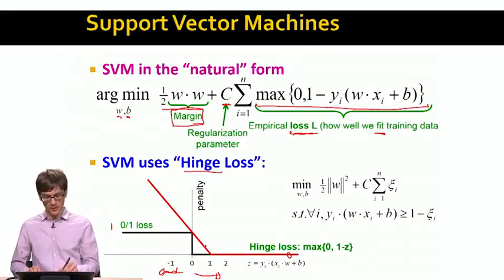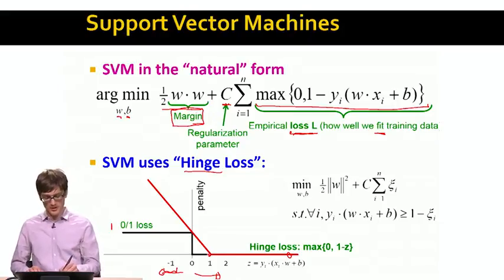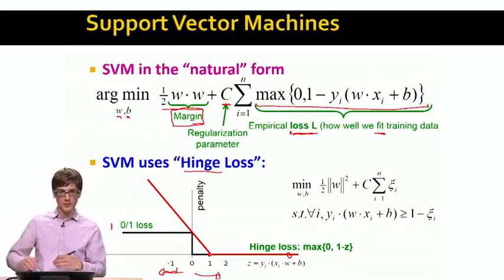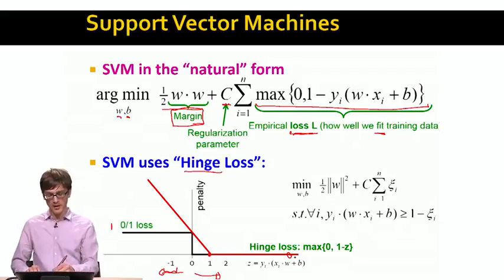The reason we call it a hinge loss is because there is this hinge at 1, which basically means if we are classifying the point correctly and the point is away from the decision boundary by at least a value of 1, then we obtain a cost or loss of 0.